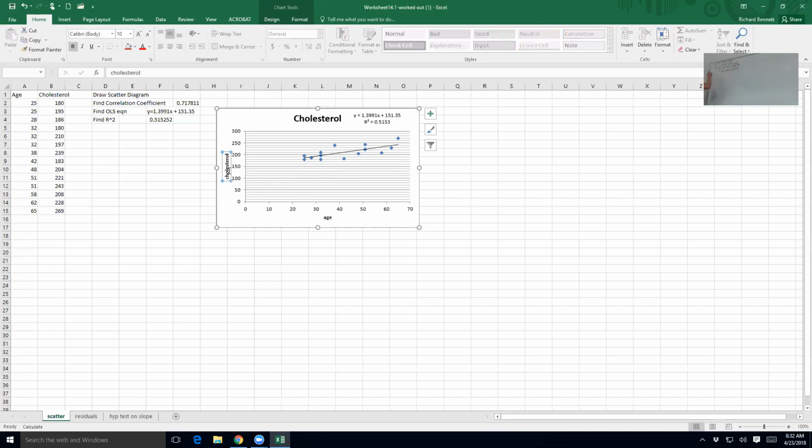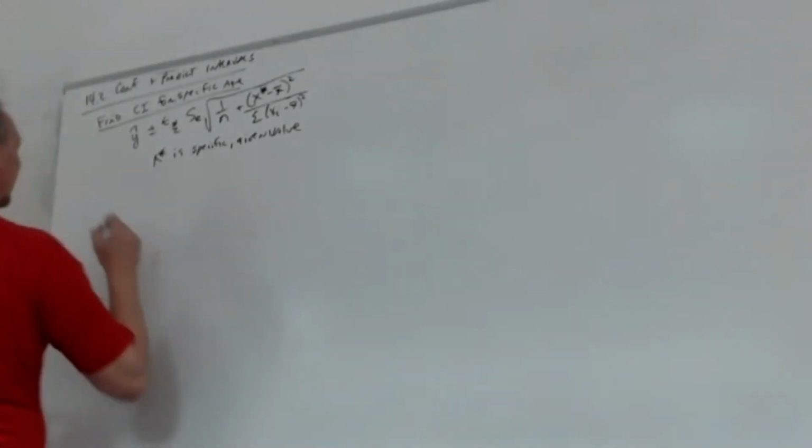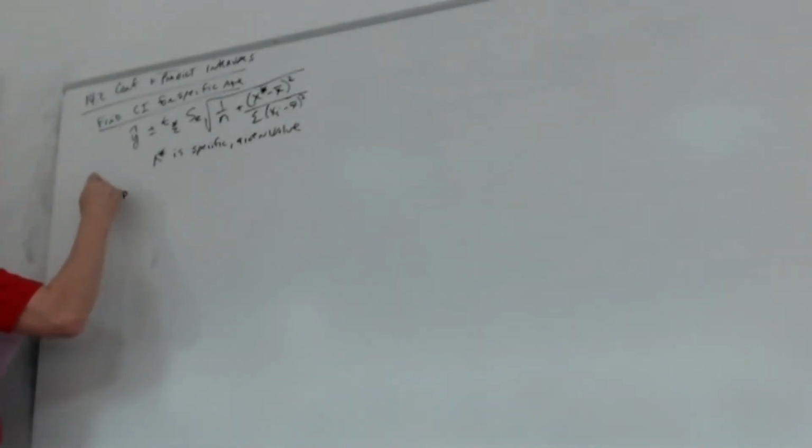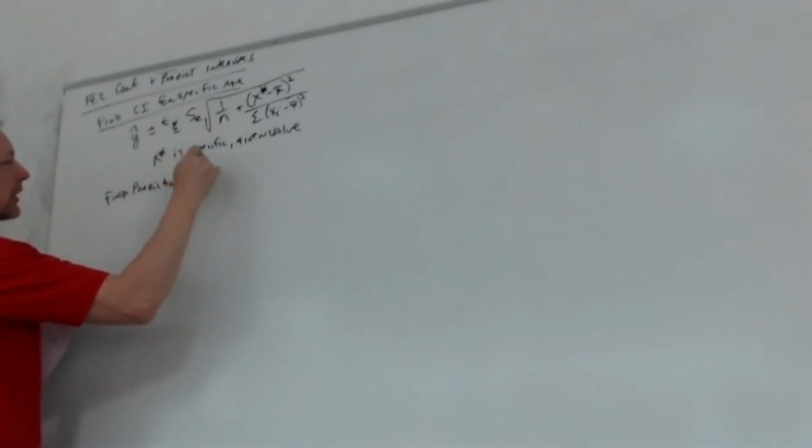Now, that's one formula. Maybe I should stop sharing for a minute so you can see those formulas really well. Okay, we also can find a prediction interval. The prediction interval is pretty much the same thing.